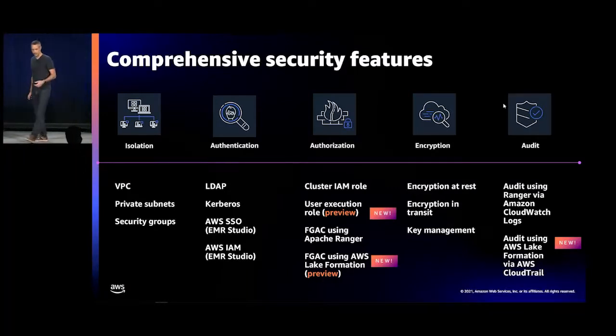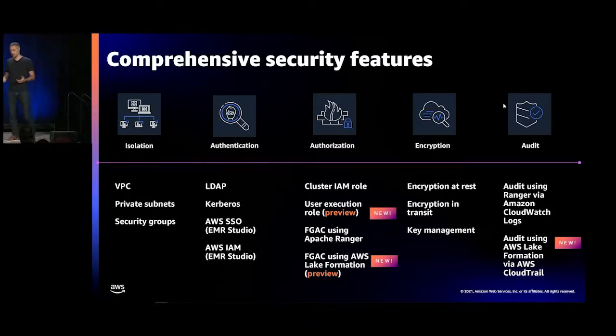We are extending these authorization features with the support of user execution role, which allows you to trigger a job with a specific IAM role. And we are also extending with the support of Lake Formation for fine-grained access control, both in preview. For the encryption, we support encryption at rest and in transit.